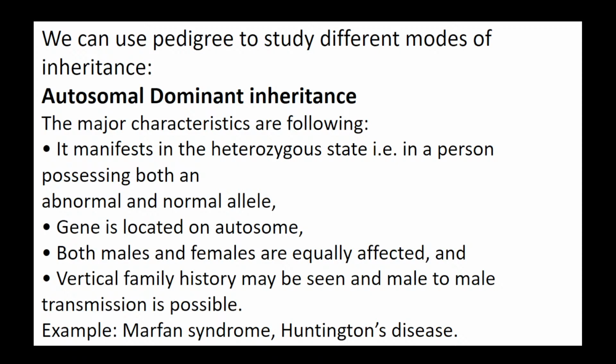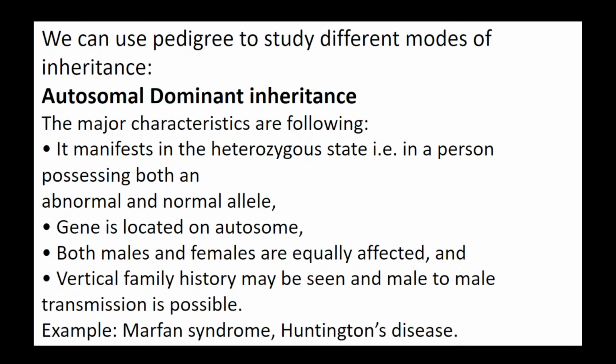So we can find characteristics in heterozygous and dominant homozygous. The gene is located in autosomes, so we can find these characteristics equally in males and females.